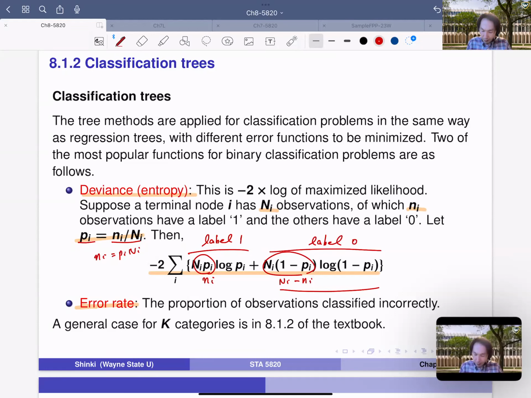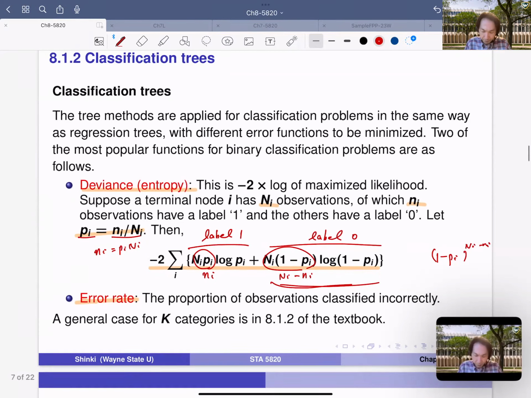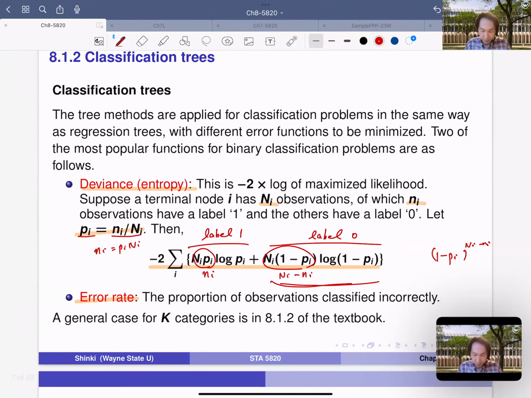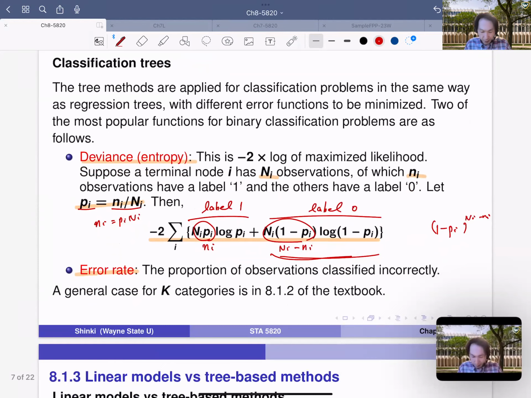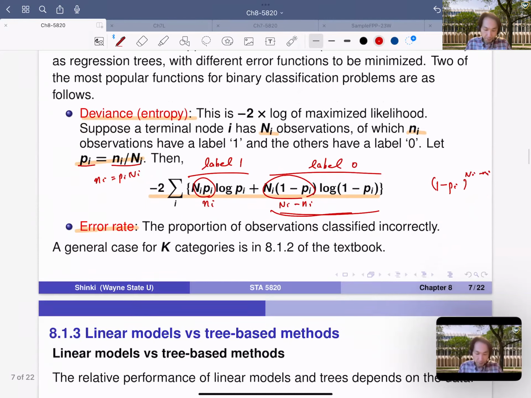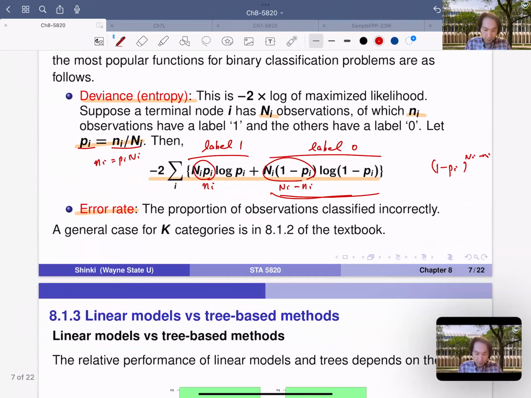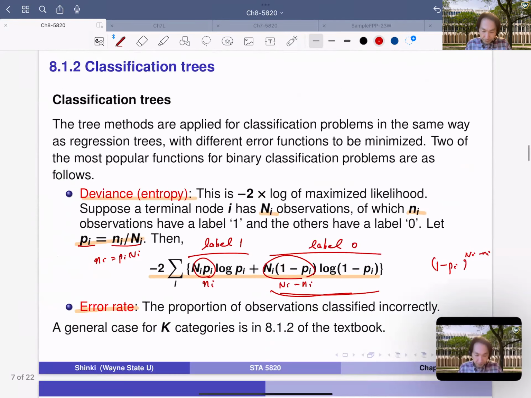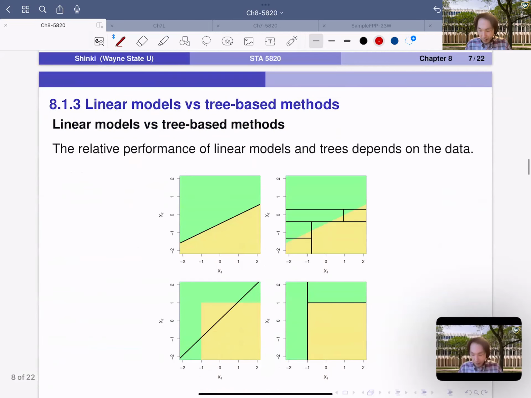We have capital Ni minus lowercase ni observations with label 0, and that likelihood is 1 minus pi to the power Ni minus ni. If we take the logarithm, then that becomes this. You can see this summation is the likelihood for this data set, so you can minimize this -2 times log likelihood. So a classification tree can be done in a similar way to a regression tree.